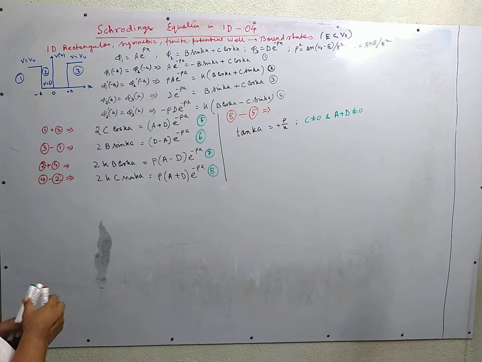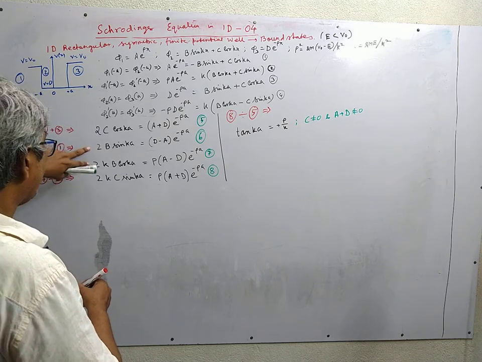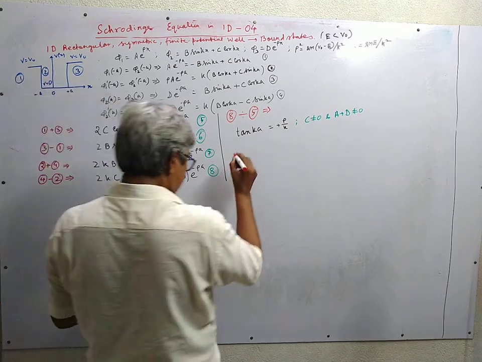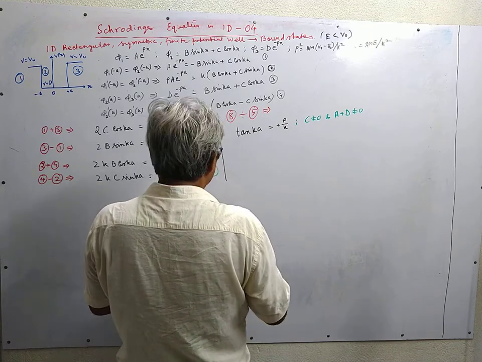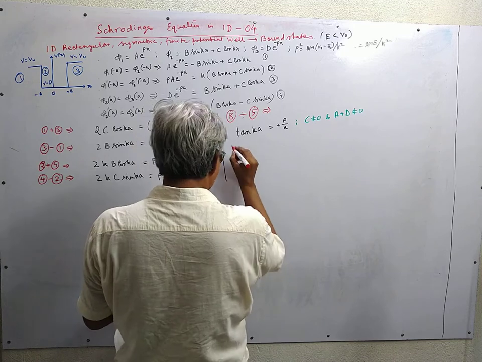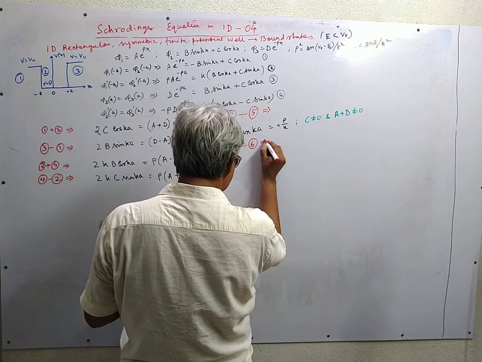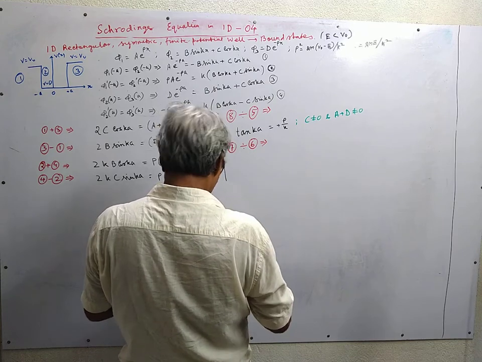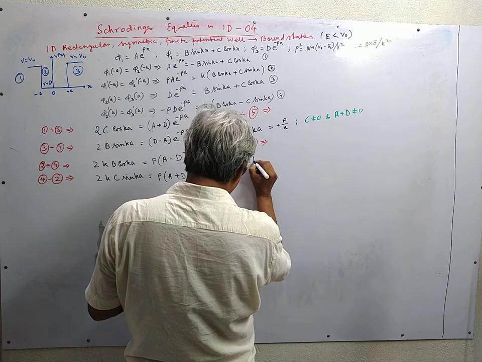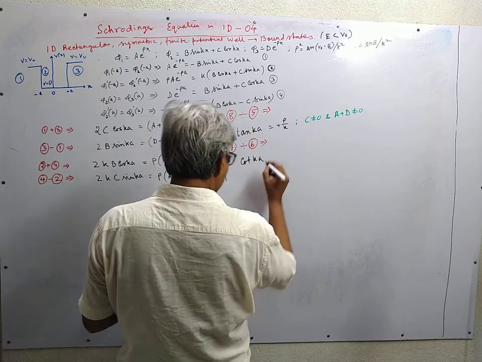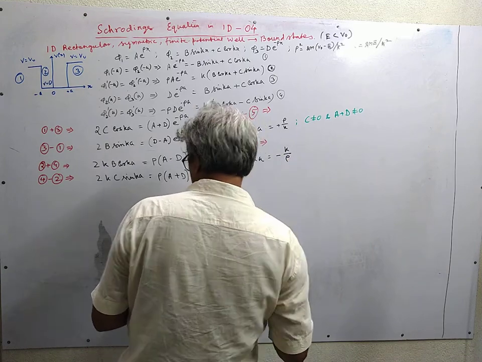Now we see that these two terms are again similar. We can find out cot ka from here. 7 divided by 6 gives you cot ka equals k by rho.